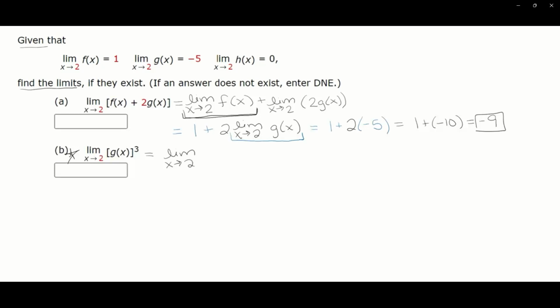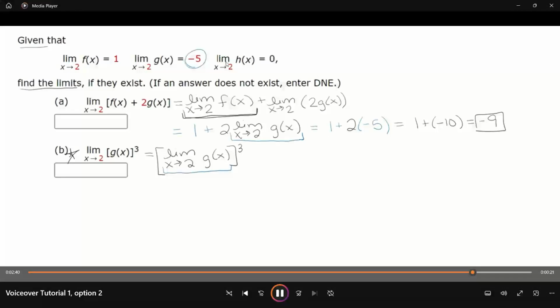So we're going to rewrite this and distribute the power of 3 on the outside of the parentheses. So it'll look like this. And we have the limit of g of x as x approaches 2. It equals negative 5. So we can rewrite this as just negative 5 to the power of 3. And negative 5 to the power of 3 is equal to negative 125.